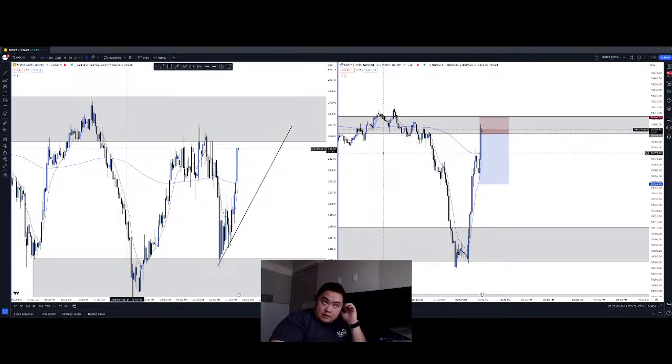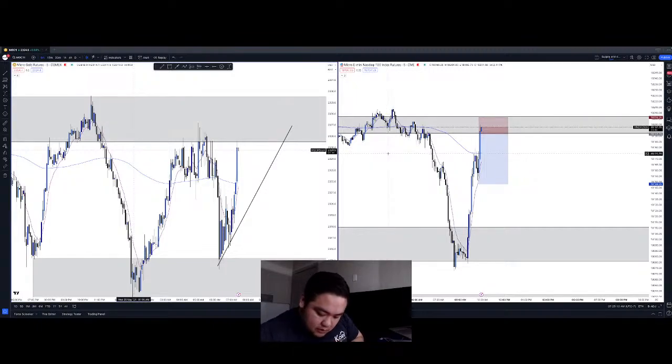Two trade ideas, or one trade idea, 2 entries is what I'm allowed. Two trade ideas, 1 entry.